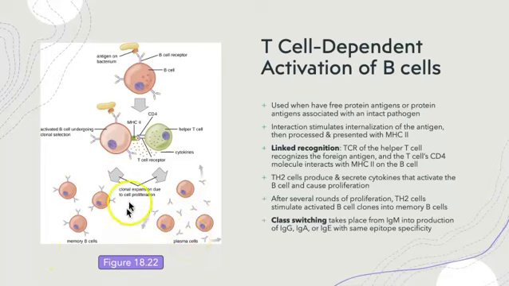And the other clones will create our memory B cells so that we create an immunological memory. That's why we always say this type of immune response is stronger and will allow for better recovery upon secondary exposure. We're also going to have class switching take place where we have IgM secreted first, and then we will have IgG, IgA, and IgE with the same epitope specificity.